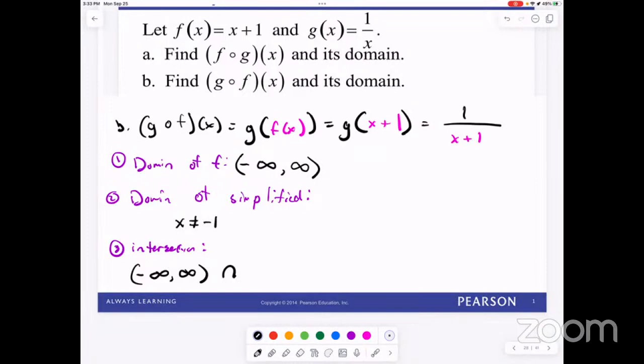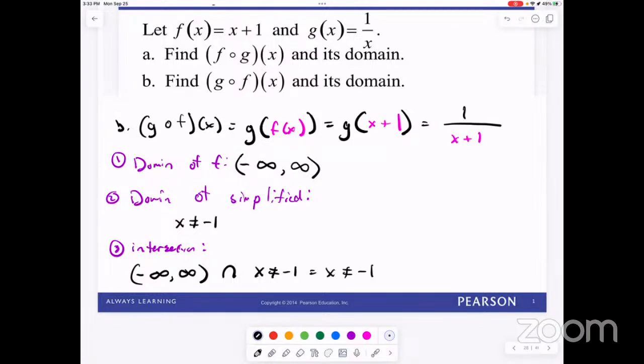I'm just going to abbreviate it like this. So the whole line, intersection, everything except negative 1. What do they have in common? Everything except negative 1, right? It basically collapses to that second step.